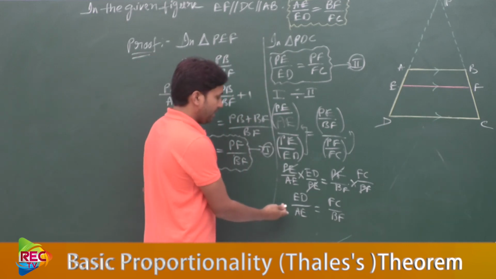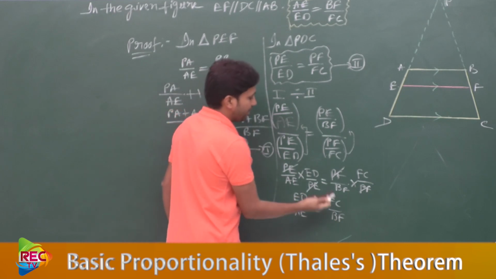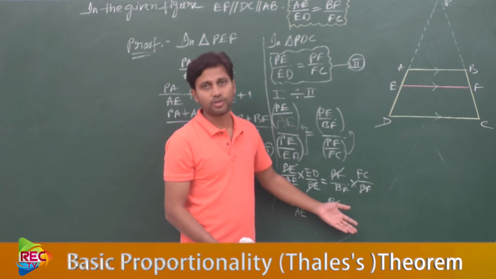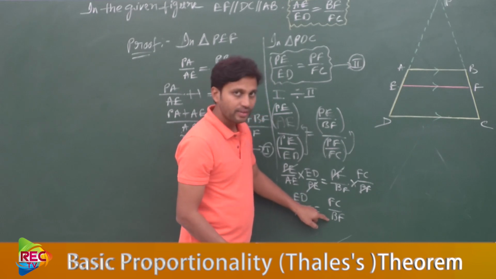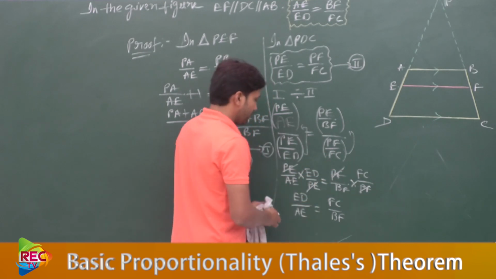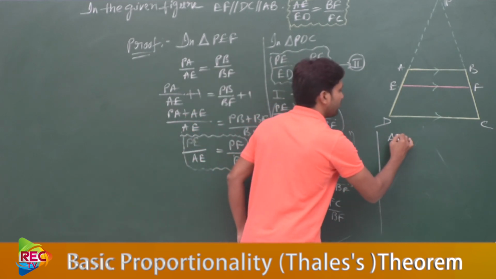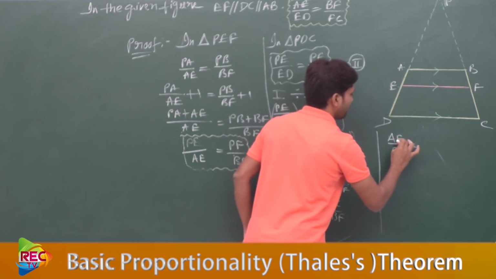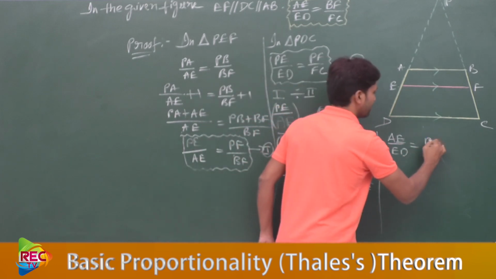Just tell me, here ED by AE equal to FC by BF. If you invert the expressions on both sides, does the equation remain the same or not? Exactly. So when ED by AE equal to FC by BF, then in reverse what can you say? Then AE by ED equal to BF by FC.